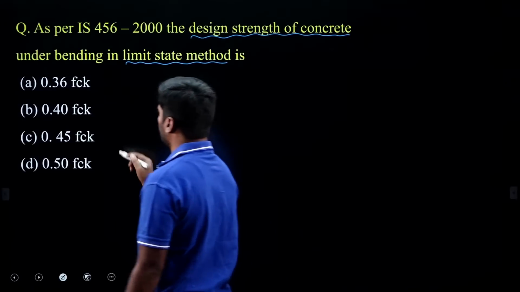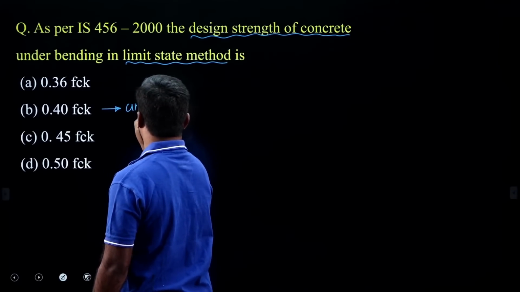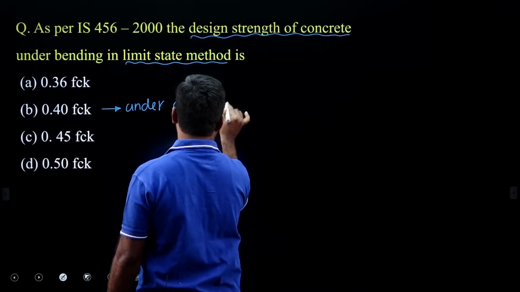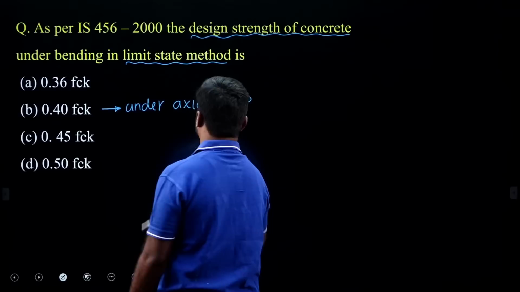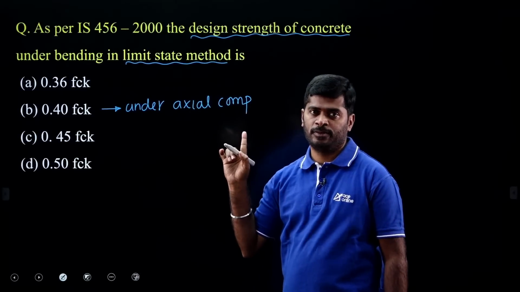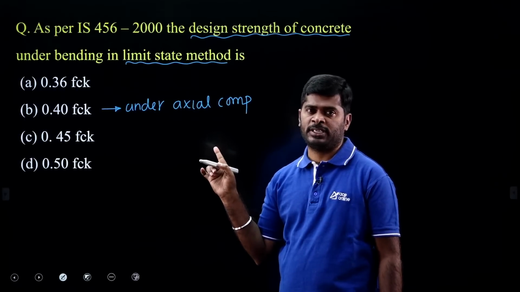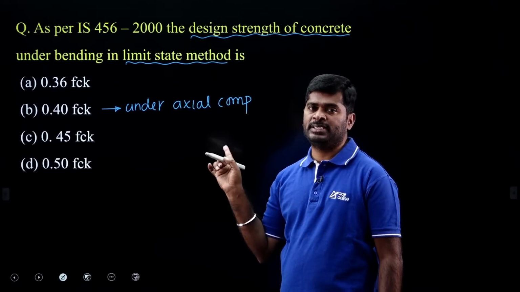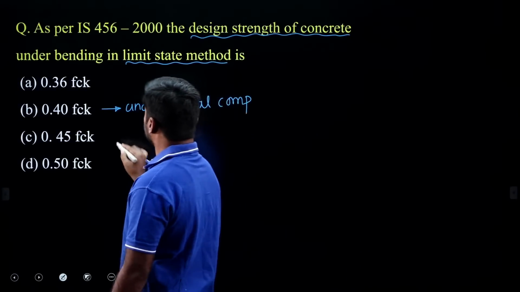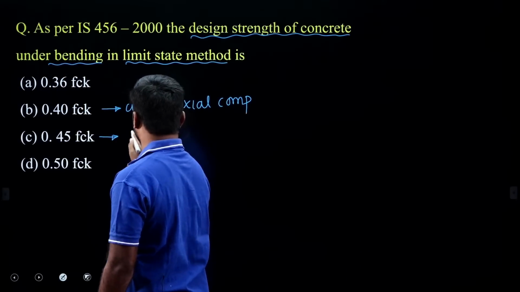My dear, 0.4 FCK is the design strength of concrete under axial compression. We use in columns, my dear, load carrying capacity PU equals 0.4 FCK AC plus 0.67 FY ASC.